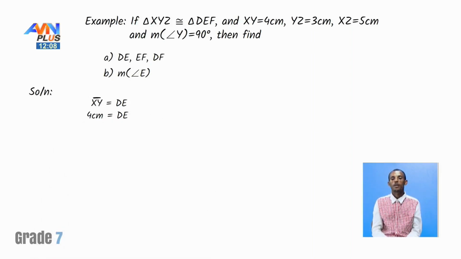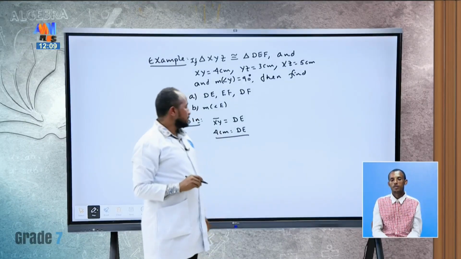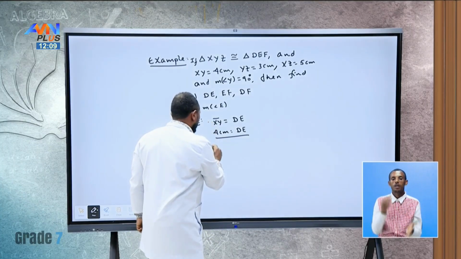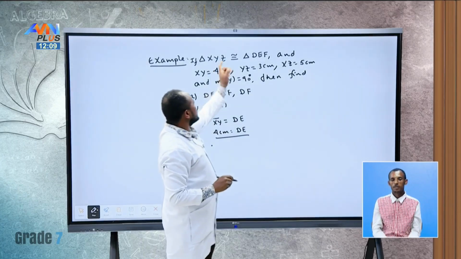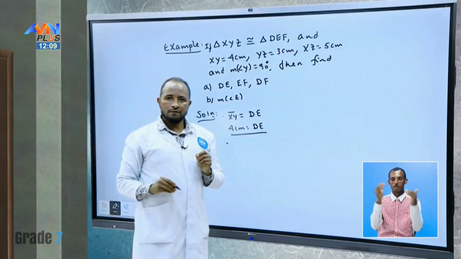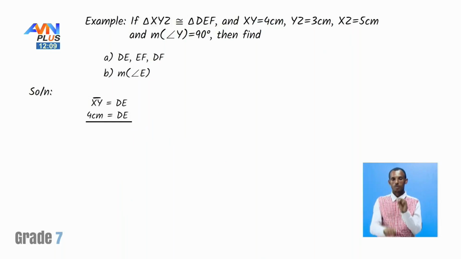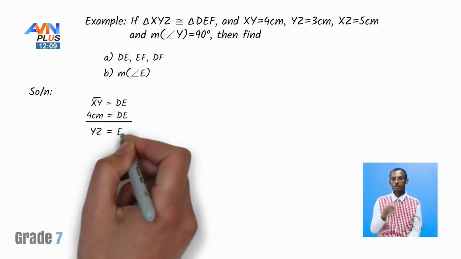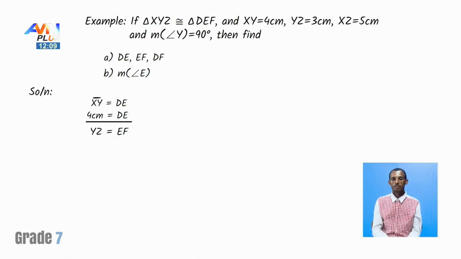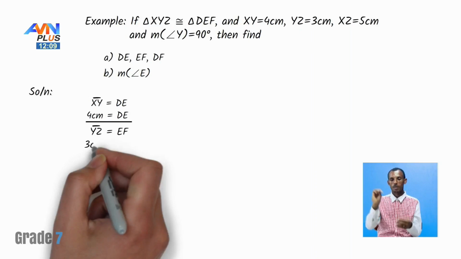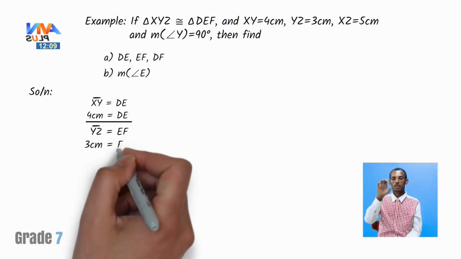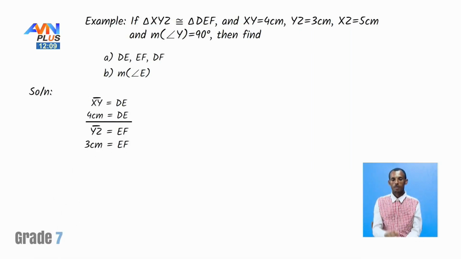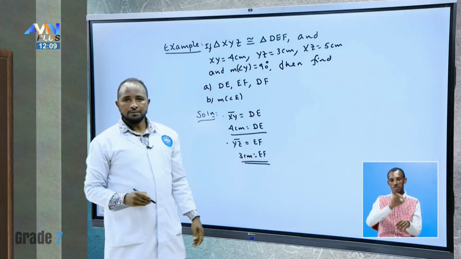Therefore, DE is the same, 4 centimeter. Again, YZ must be congruent to EF. YZ is given, it is 3 centimeter. Therefore, the length of EF is 3 centimeter.